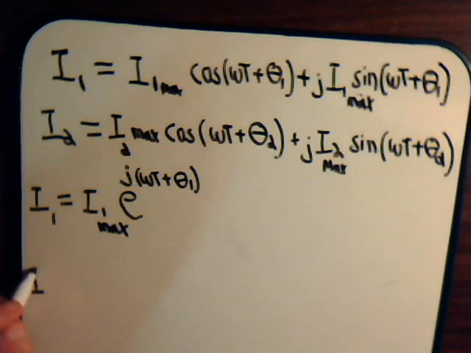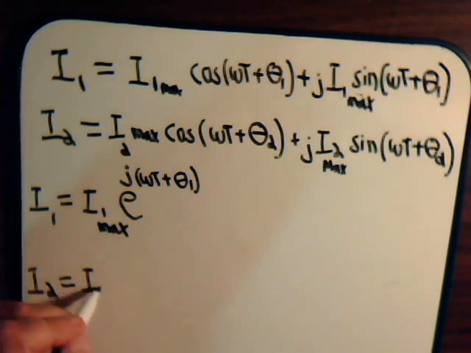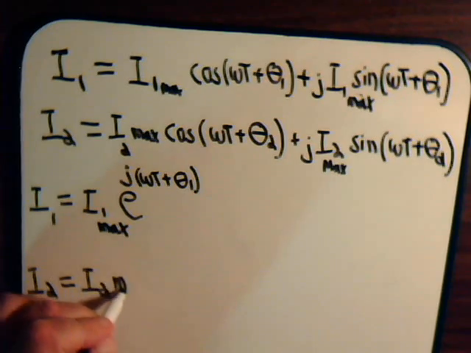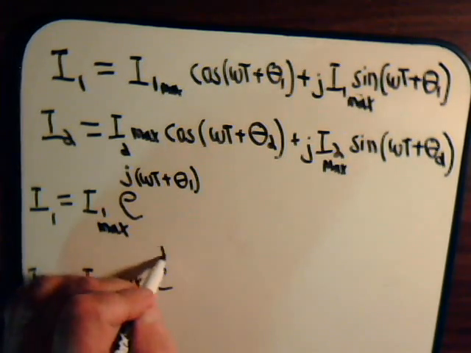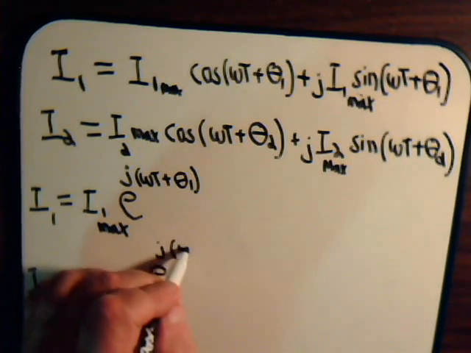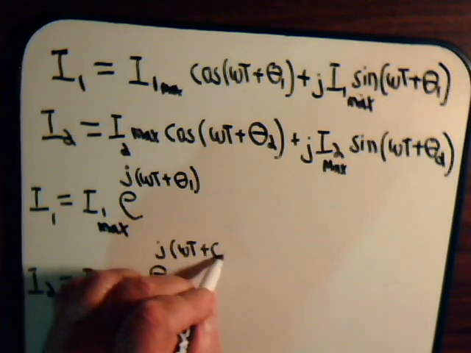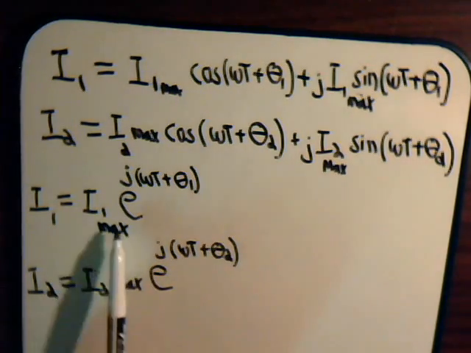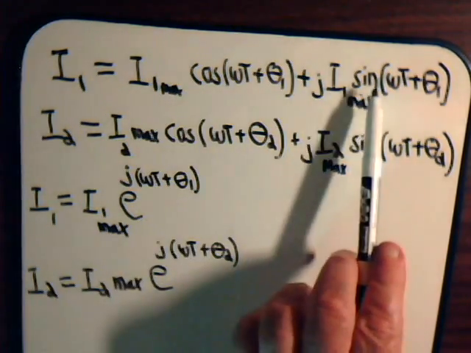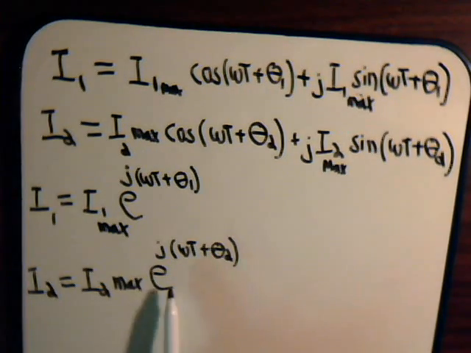Now, I2 will equal I2 max times e to the j omega t plus theta 2. This gives me this from the Euler relationship.